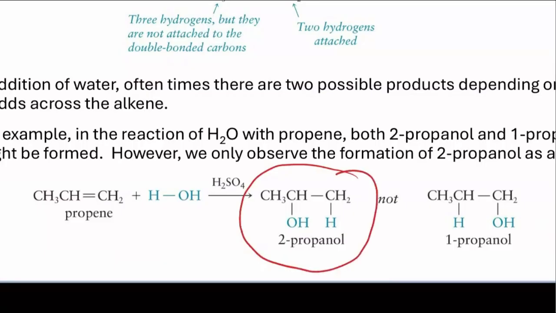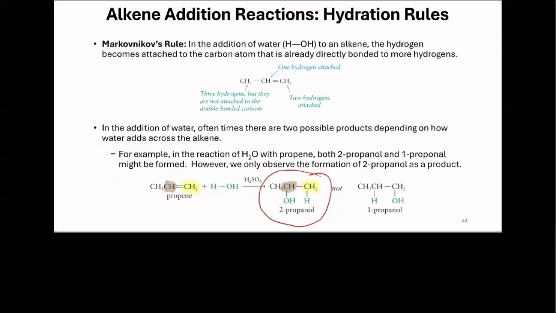Because when we look closely, this carbon used to have directly attached the most H's. That's why it gained the H. This carbon was directly attached to the least H's. That's why it obtained the OH. Let's do some practice problems to solidify this concept.